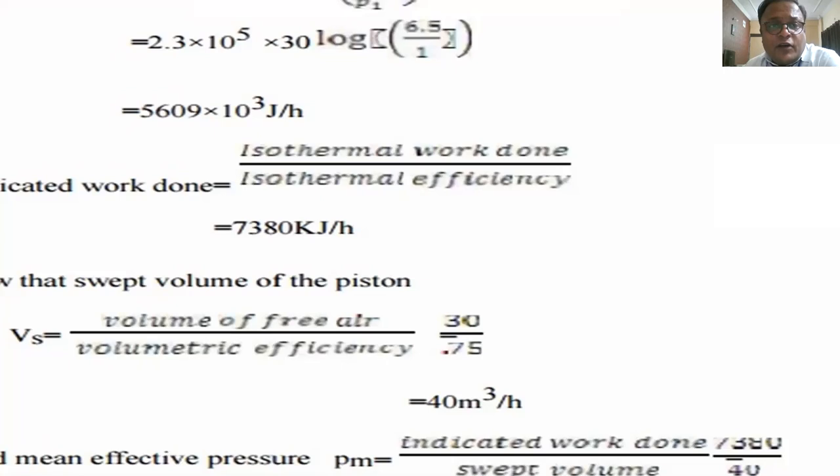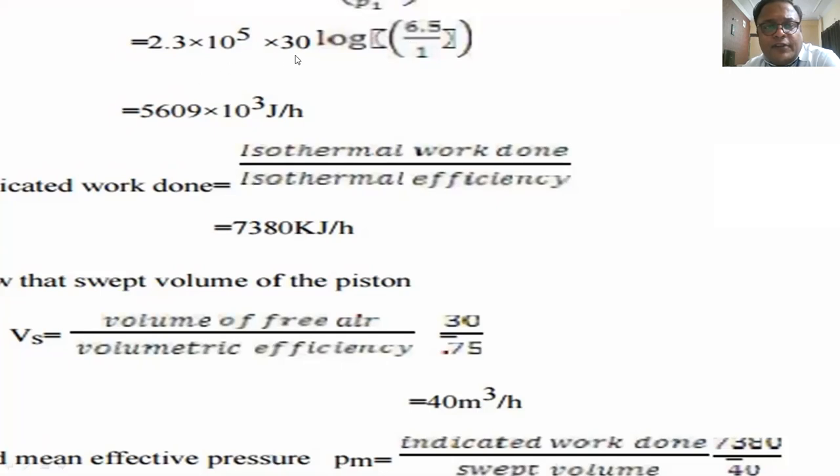This is the formula of indicated mean effective pressure. Indicated work done is given by isothermal work done divided by the isothermal efficiency. The isothermal efficiency is given in the question, and the isothermal work done can be calculated as P1 V1 times the natural log of P2 by P1.